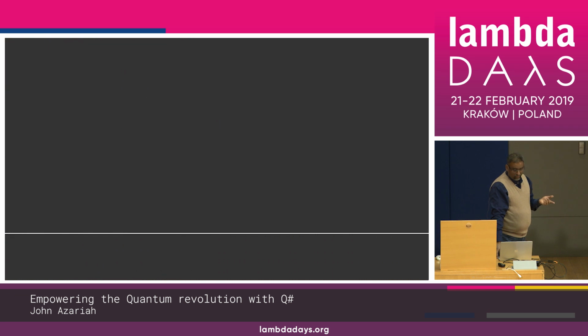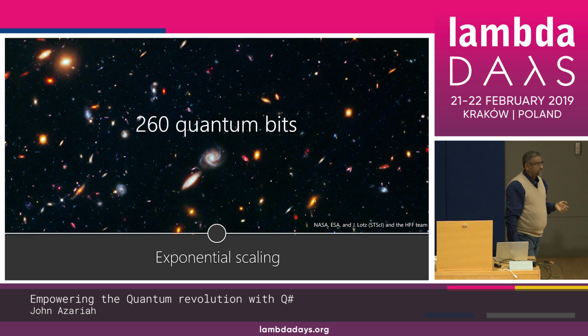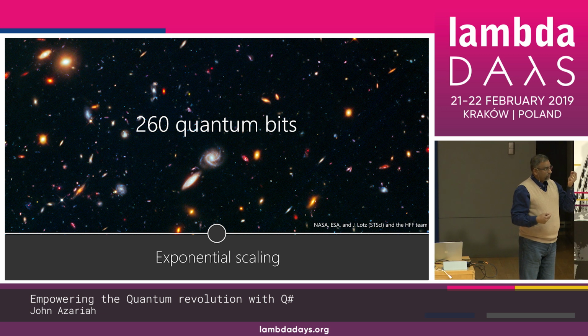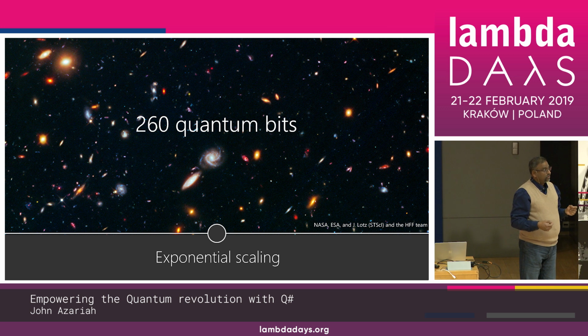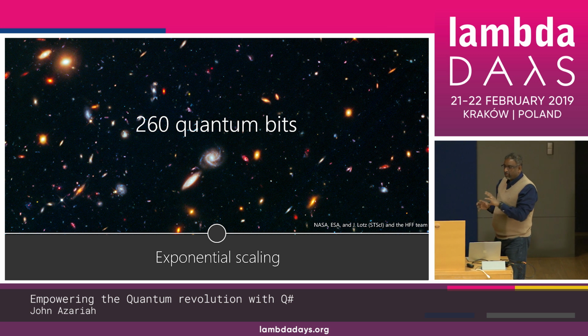And you hit a hard limit fairly quickly, which is when you hit about 250 or so quantum bits, there aren't enough atoms in the known universe for you to actually store all the complex numbers. Even if you store one complex number per atom, you couldn't actually do it. And this should give you a sense that there's something going on in here.